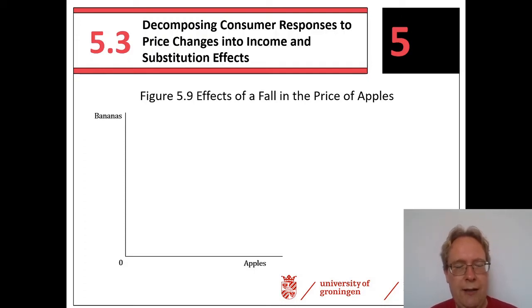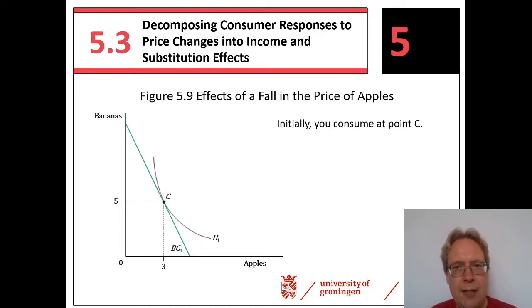So here we are again in our apple-banana space. Here we have a budget line. This is the initial situation. Initially, you're maximizing your utility by choosing point C, which boils down to consuming 3 apples, 5 bananas. But now suppose that the price of apples changes, and if you think about this, you can figure out that the new red budget line reflects a price decrease of apples, right?